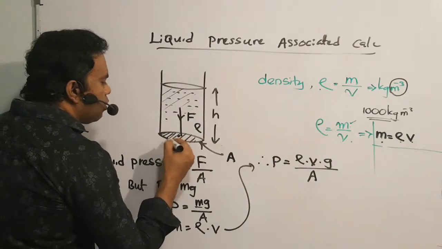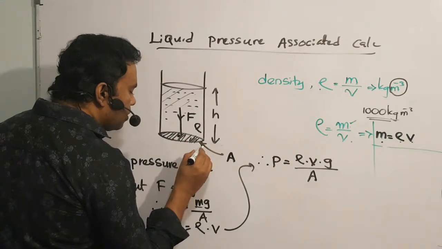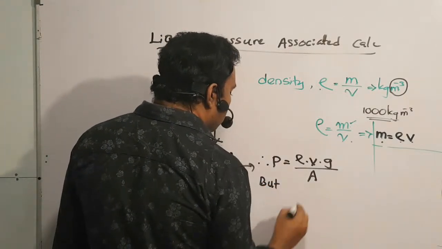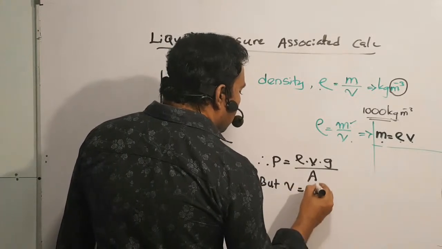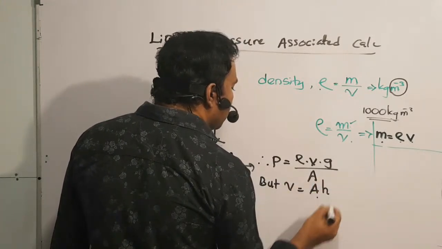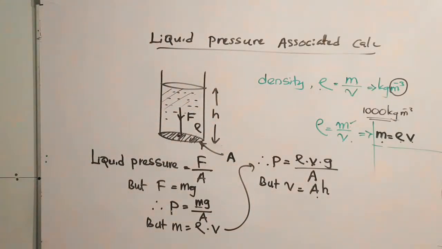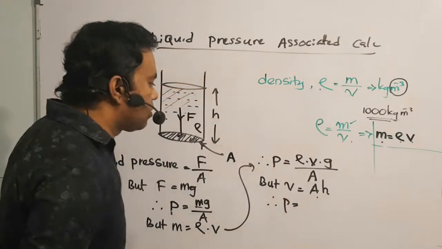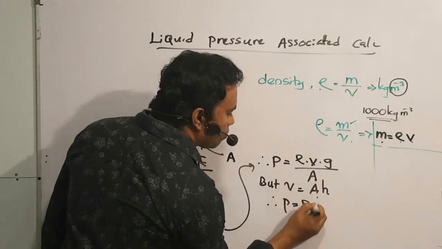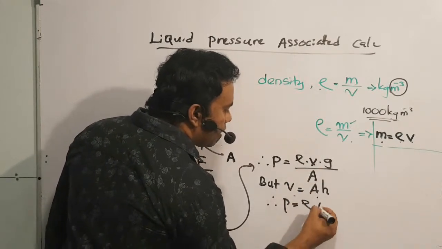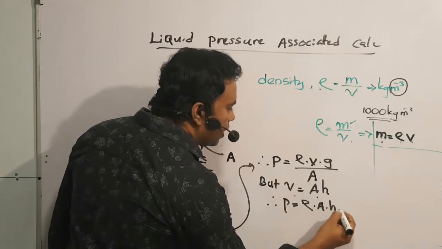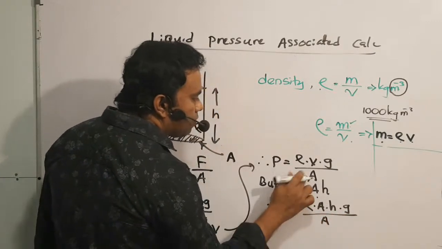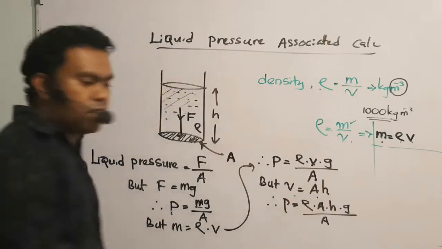But look, if you know the area of cross section and if you know the height, volume equals area of cross section into perpendicular height or length. Therefore, pressure equals rho, instead of V we write area of cross section into perpendicular height, g, again divided by area.